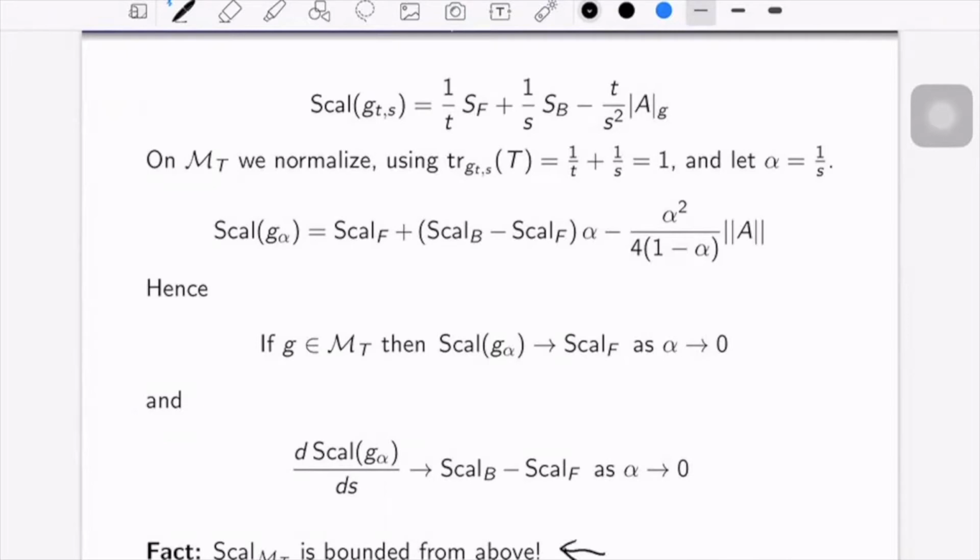So that's a very different feature. And what we'd like to understand then is, since it's bounded from above, does it attain its supremum? And if it does, of course, that's a critical point, and that will be a solution to my problem. So these are two different kinds of questions one asks in the Einstein case and the prescribed Ricci tensor case.